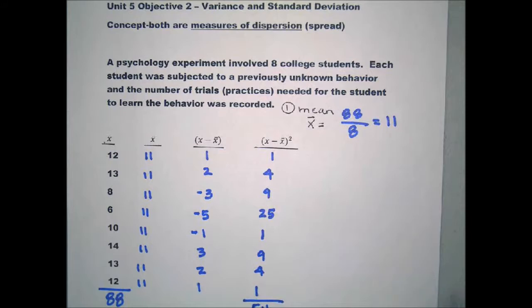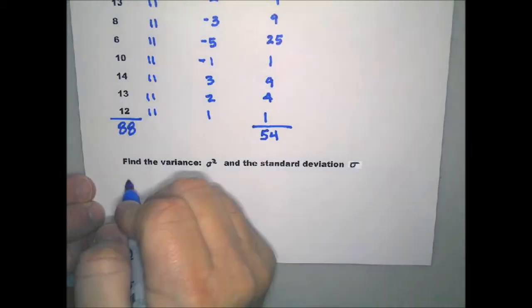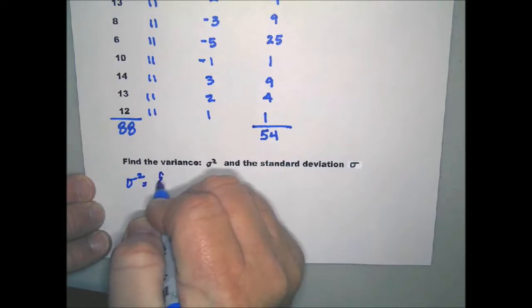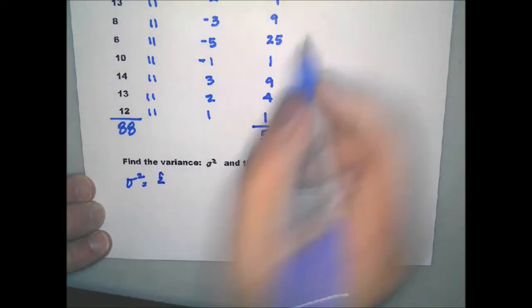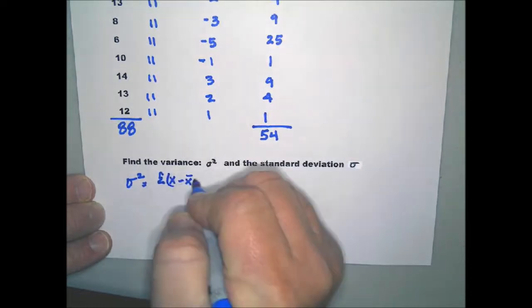Now we're going to actually start working on the variance and the standard deviation. There's a formula that's in your worksheets, and it's probably in your notes too, that the variance is the sum of all the x minus x bar squareds.